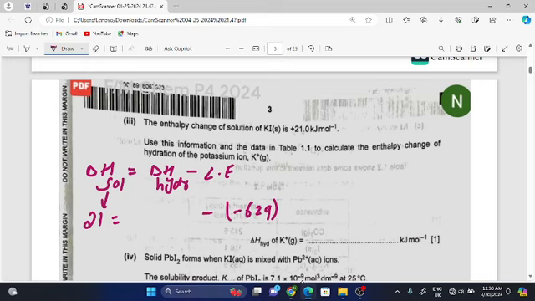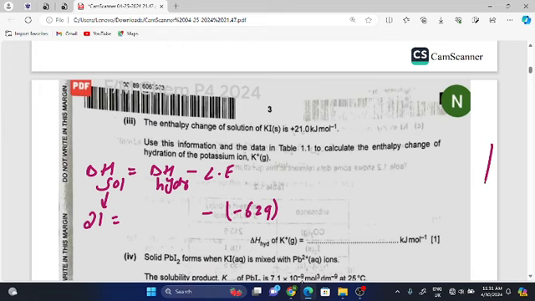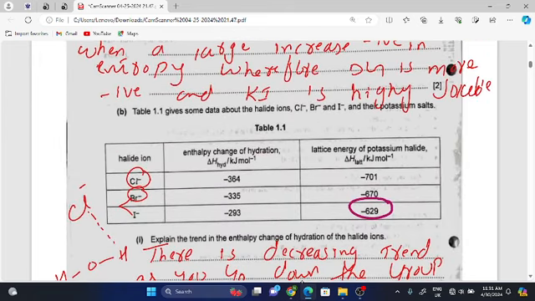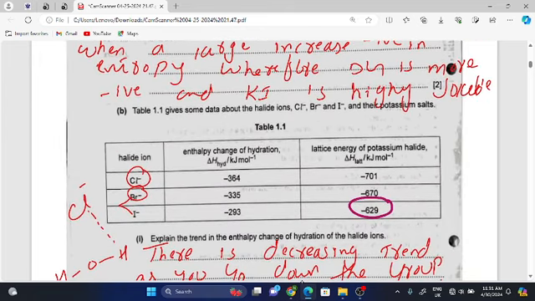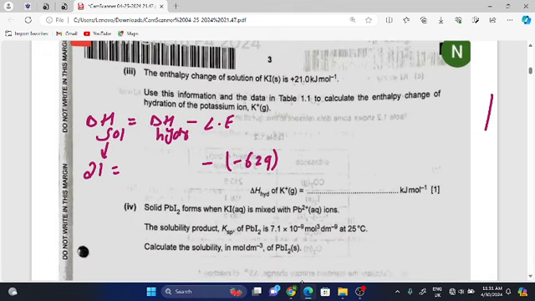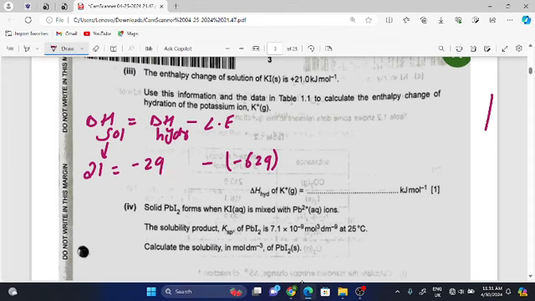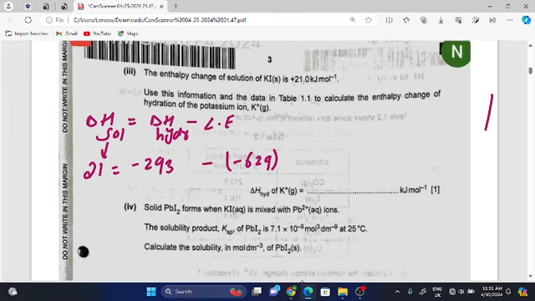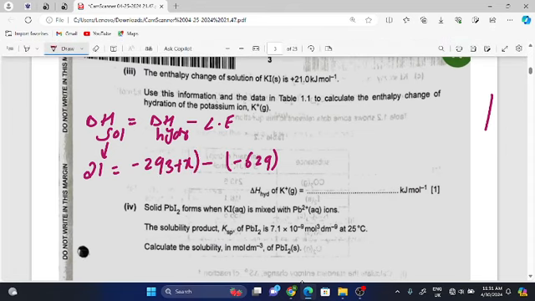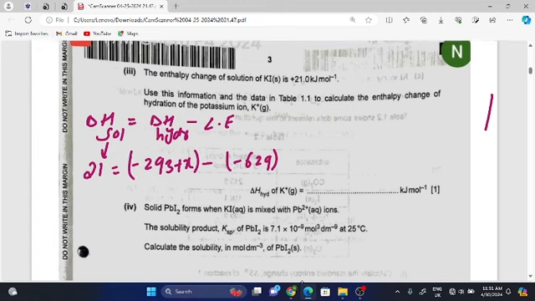For the hydration energy, the iodide value corresponding to that is minus 293, so we write negative 293. I don't know the value for the potassium ion, so I write it as X. That X is what I need. Once I solve the equation, X is equal to negative 315.